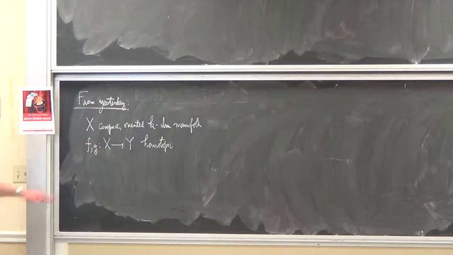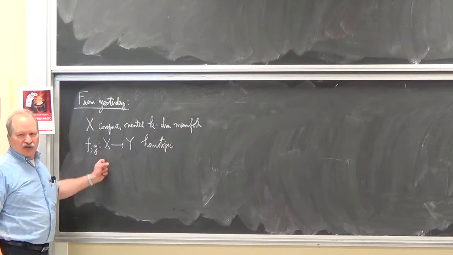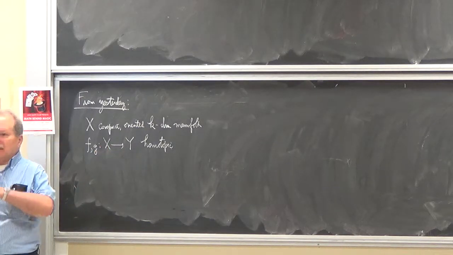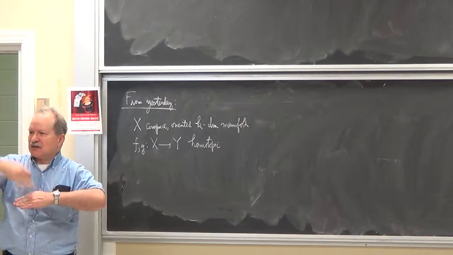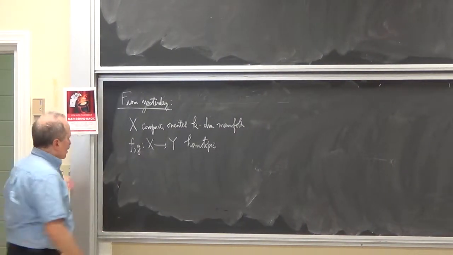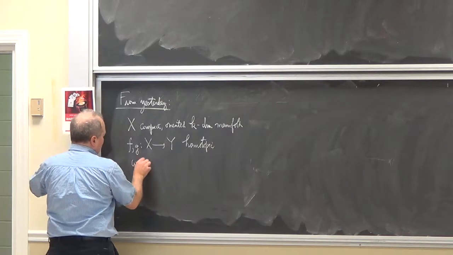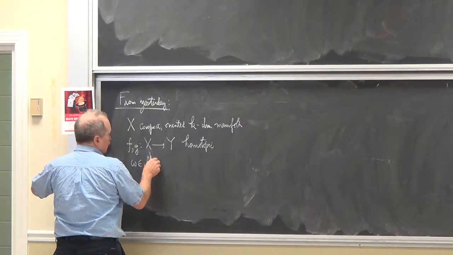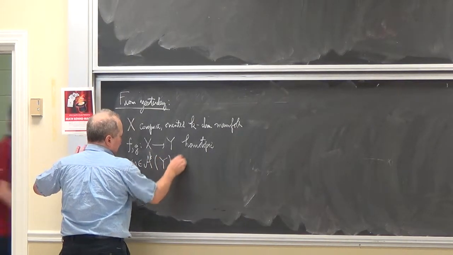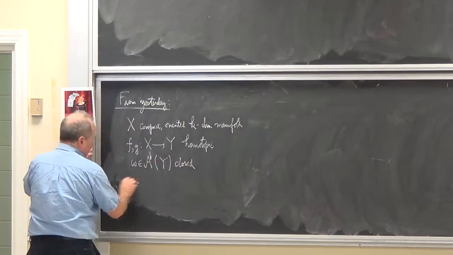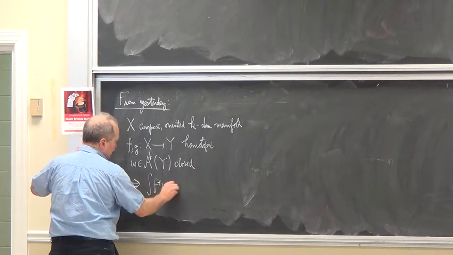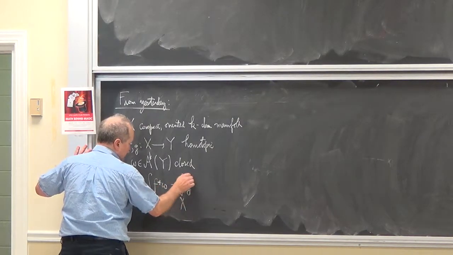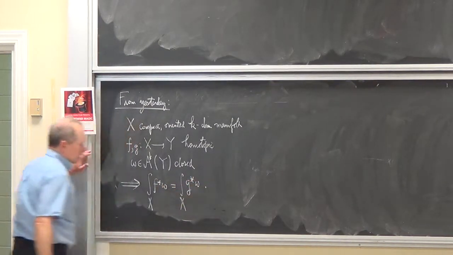So remember, that means that you had this smooth function that had a time parameter in it, and as the movie ran from time 0 to time 1, you went from map F to map G. And omega was a k-form on Y that was closed. Then what we proved by Stokes' theorem was that integrating the pullback of omega by F on X was the same as integrating the pullback by G of omega.